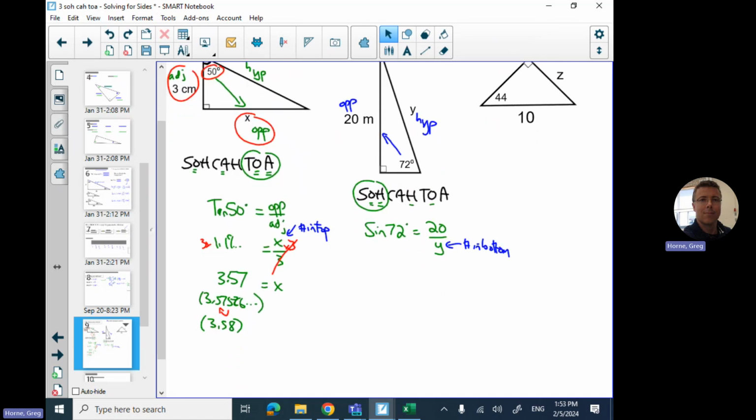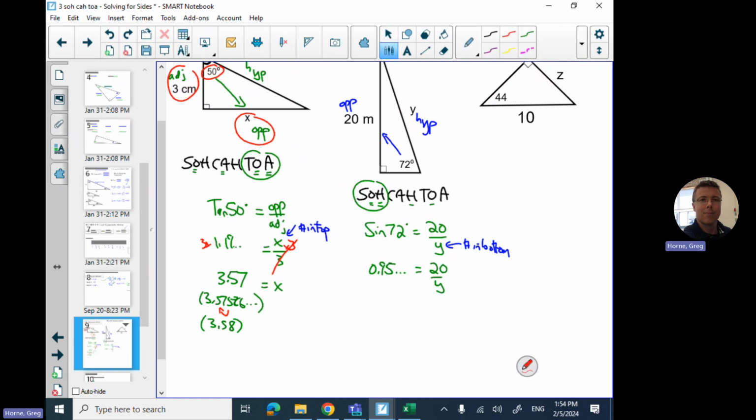So let's do sine of 72. It gives us 0.95 or so. Keep more decimals or use the 0.95, it doesn't matter. That's semantics at that point.